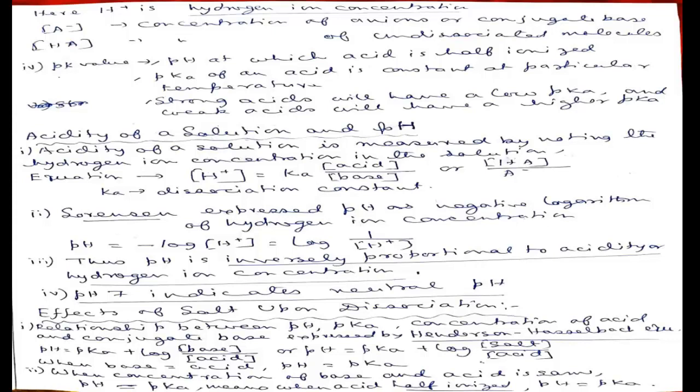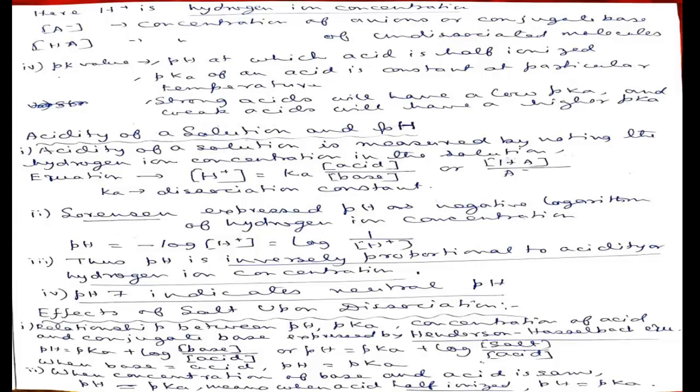Now Sorensen expressed pH as negative logarithm of hydrogen ion concentration and is given by the formula pH is equal to minus log H, that is log 1 by H. Thus pH is inversely proportional to the acidity, or rather we can say with the hydrogen ion concentration. pH 7 indicates neutral pH.